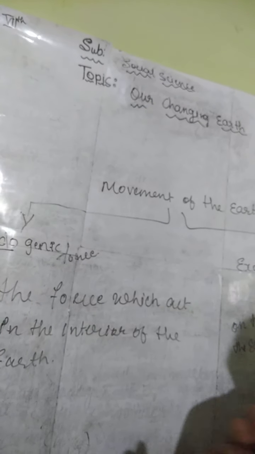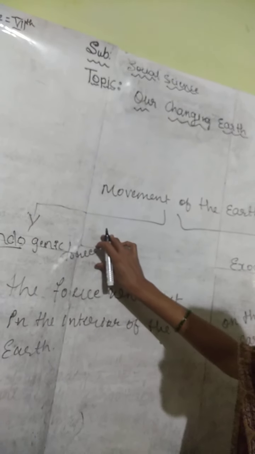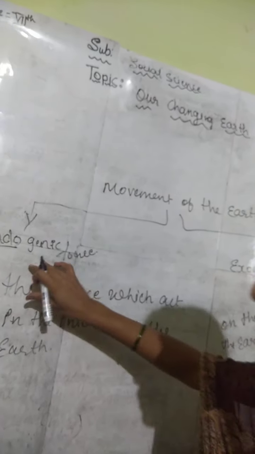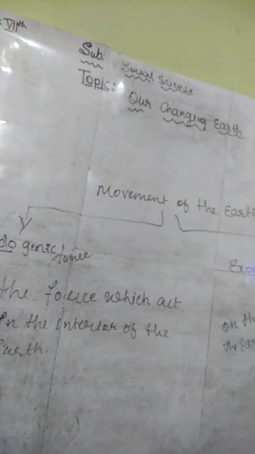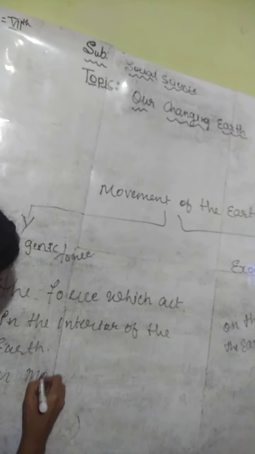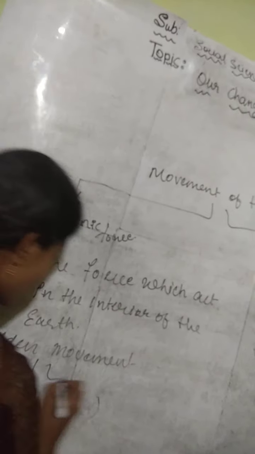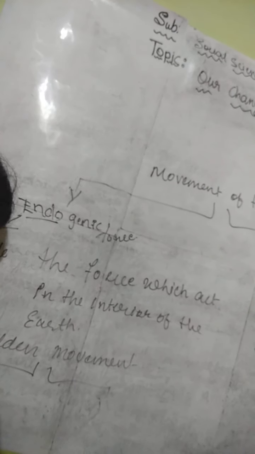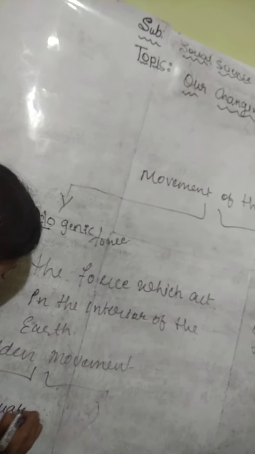So students, we will see some sudden movements and some slow movements in the endogenic forces. For example, sudden movements are earthquakes and volcanoes.